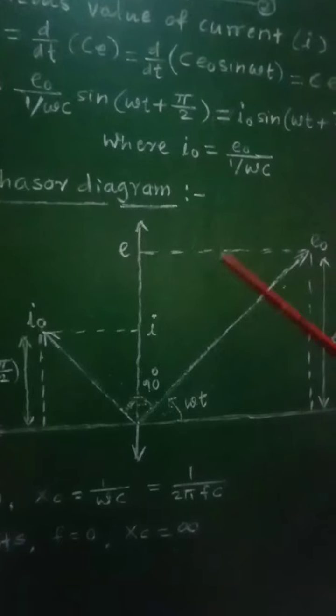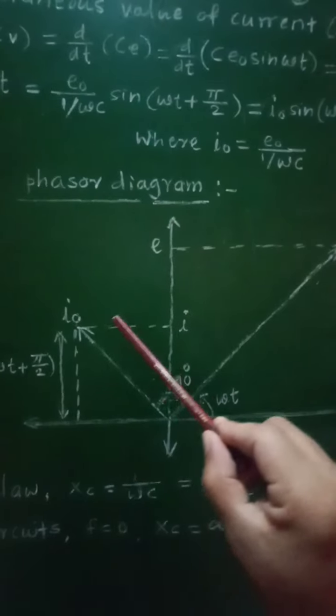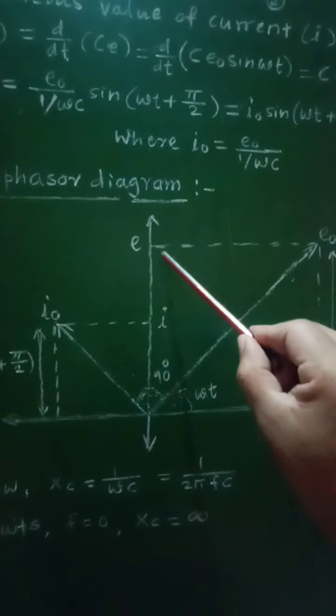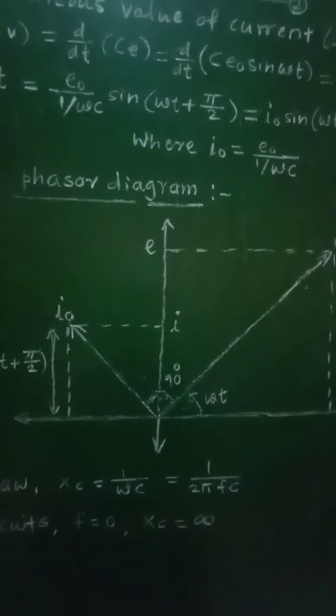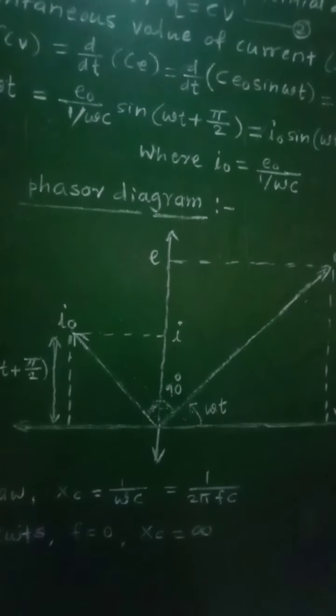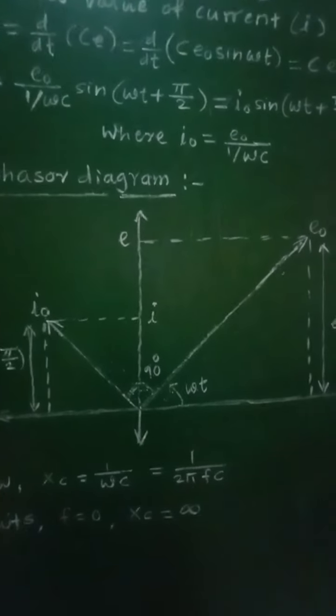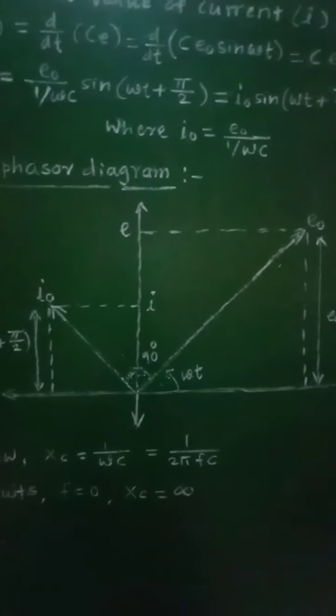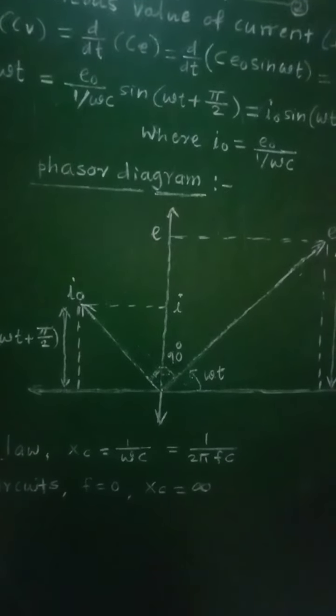Now the projections drawn from E0 and I0 on this vertical axis, that is E and I, will represent the instantaneous EMF E and the instantaneous current I. So this will be the phasor diagram for the capacitive circuit.